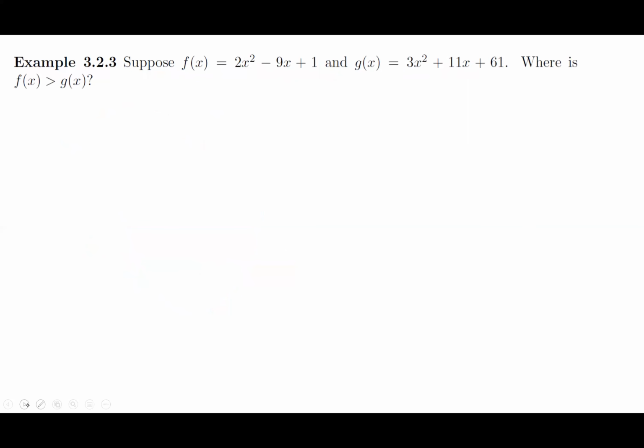What about this one? Here I've got f of x and g of x. I want to know, where is f of x greater than g of x? Well, let's think about what that means. Hopefully from these last two, you're recognizing that we really need to get our hands on zeros. Asking where f of x is greater than g of x is really like asking, where is f of x minus g of x greater than 0?